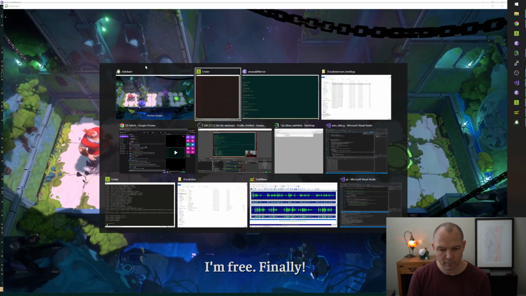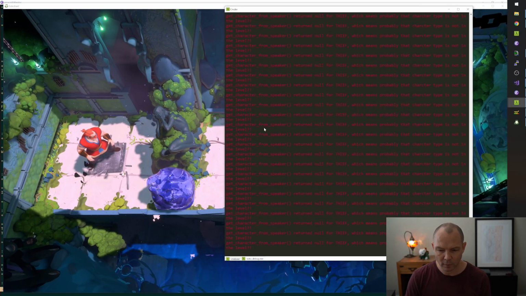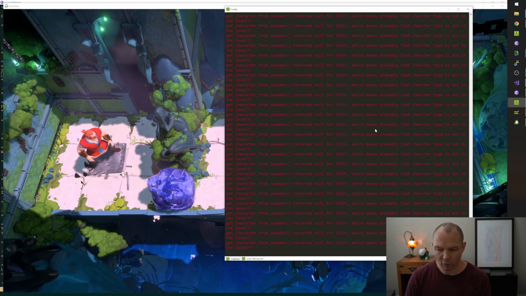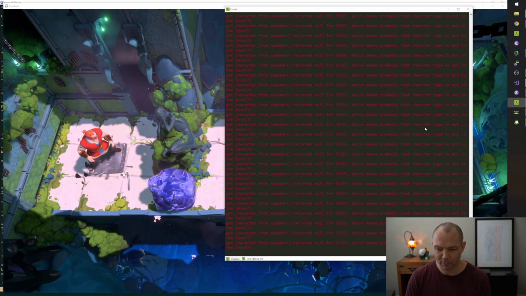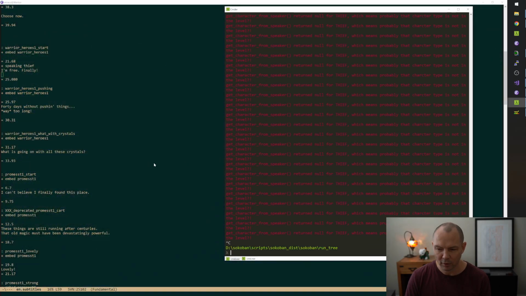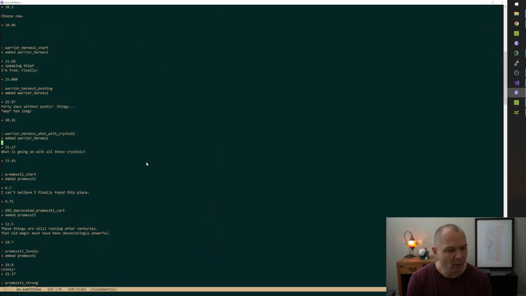Get character for speaker, return null for thief, which means probably that character type is not in the level. Okay. That's exactly what we want, except not the typo.